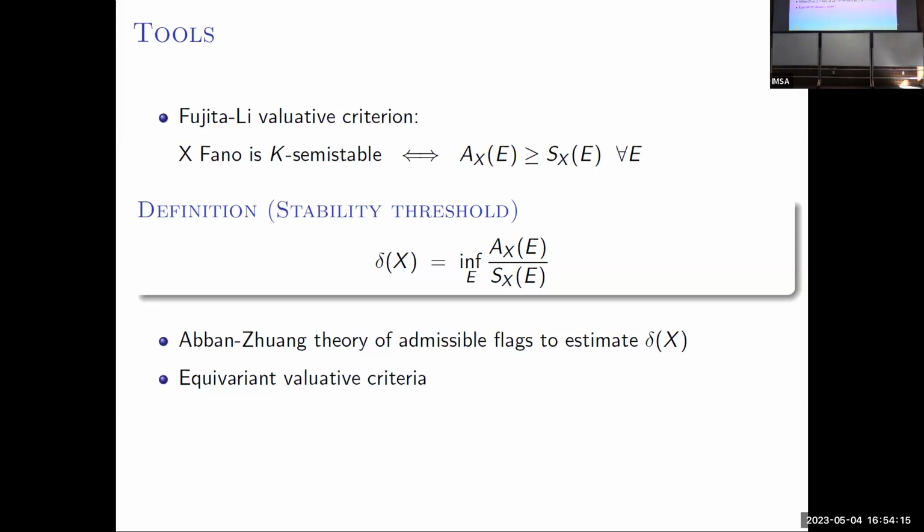This is why, if your variety has many symmetries, it is good, because there is less to check, and it is easier to estimate this stability threshold.